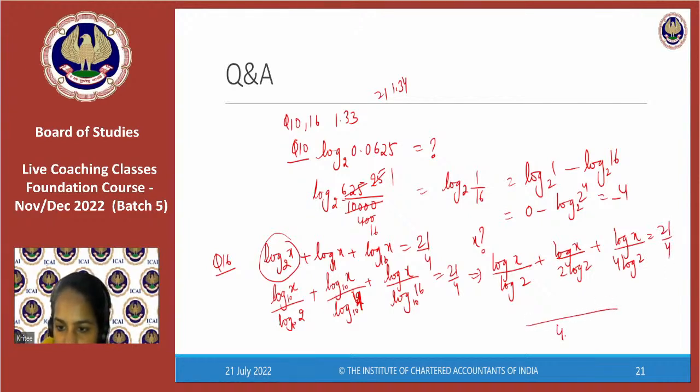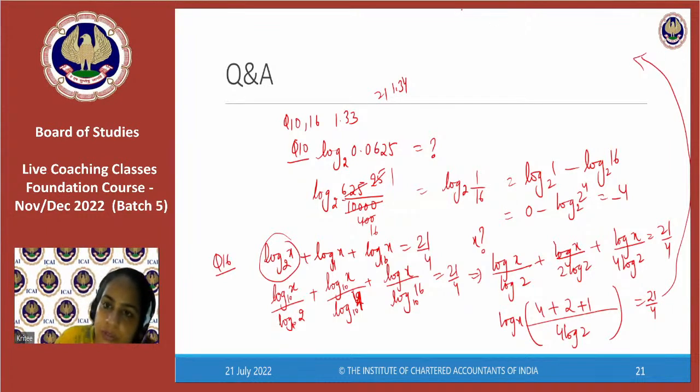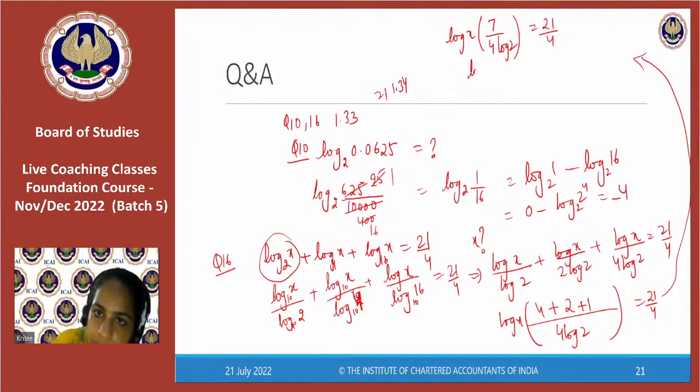Take the LCM 4 log 2, and take out log x common. So what are we left with? Here it is 4 plus 2 plus 1 equals 21 by 4. So your log x into 7 by 4 log 2 is the same as 21 by 4. This goes on the other side.